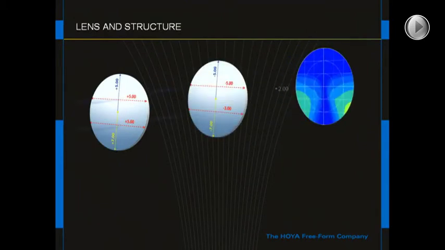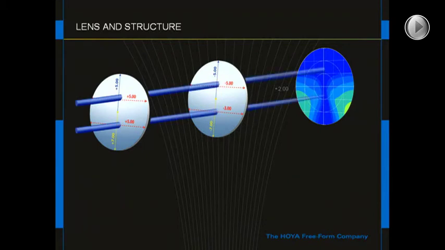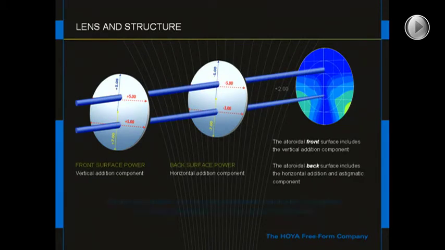So if you were to take a Hoya progressive lens, which has been designed and fabricated using the integrated double surface technology, what you would find is that the front surface is not in and of itself a progressive lens design. It is showing the vertical magnification. You could do a cross cut and look at the back surface. It too is not a progressive lens design in and of itself.